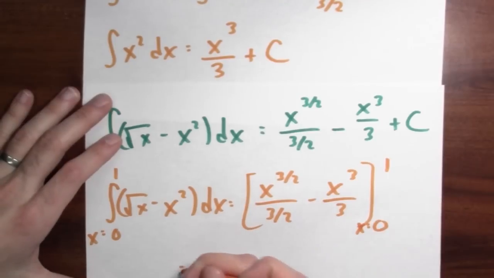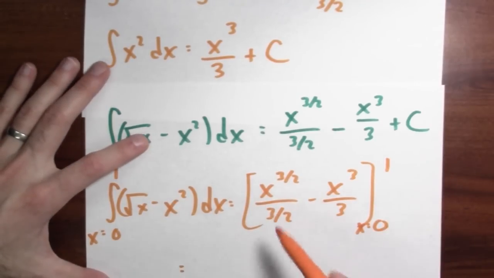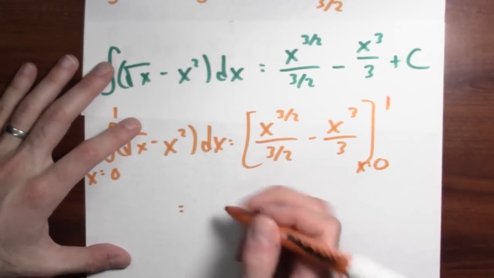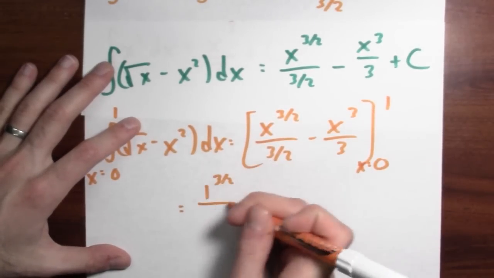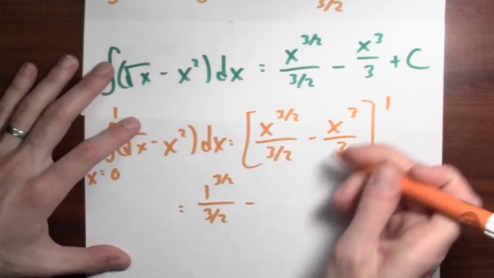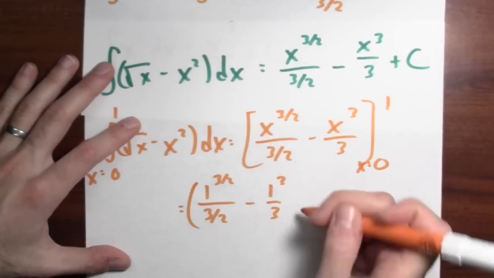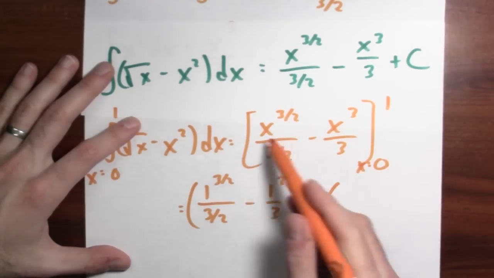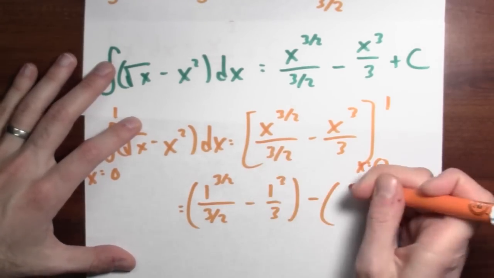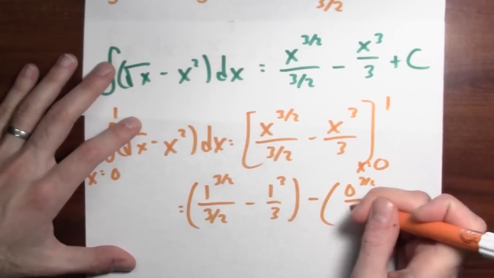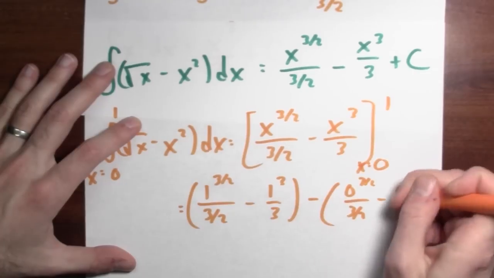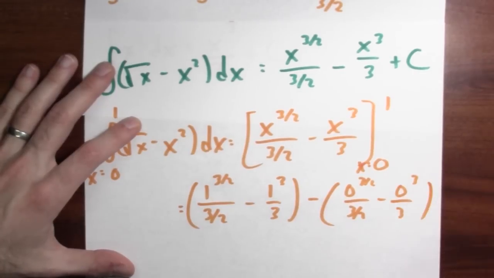All right, well, let's do that. Let's plug in x equals 1 here. And when I do that, I get 1 to the 3/2 power over 3/2 minus 1 to the 3rd over 3. And I'll subtract what I get when I plug in 0. So I plug in 0, 0 to the 3/2 over 3/2 minus 0 to the 3rd over 3.